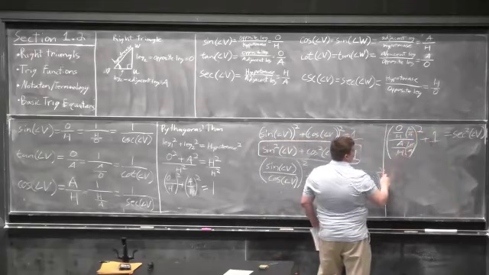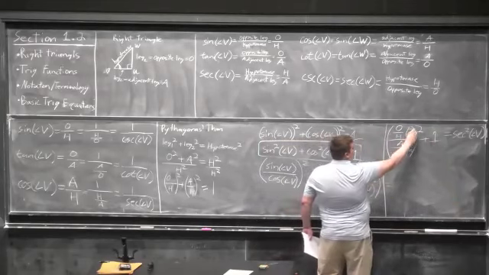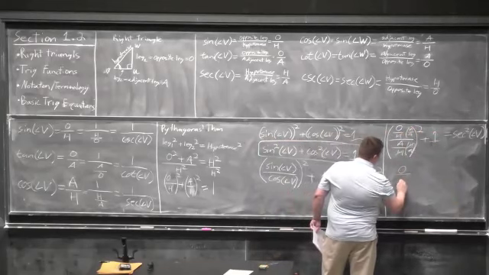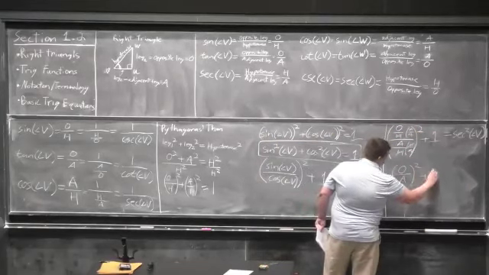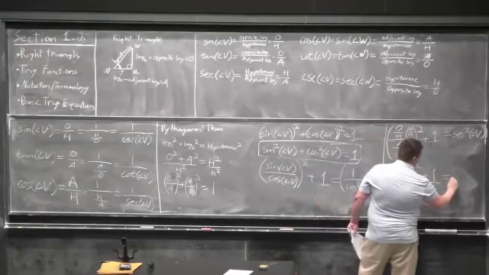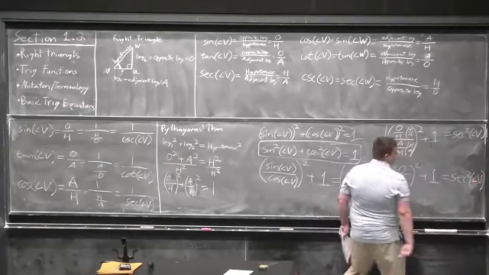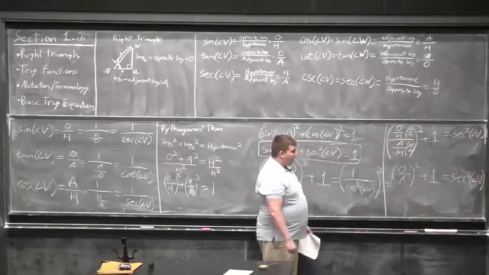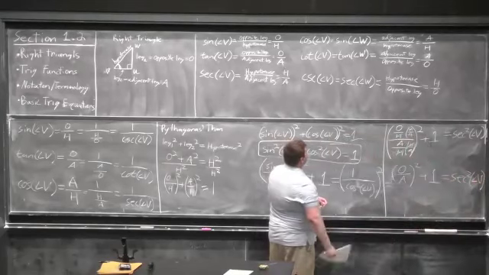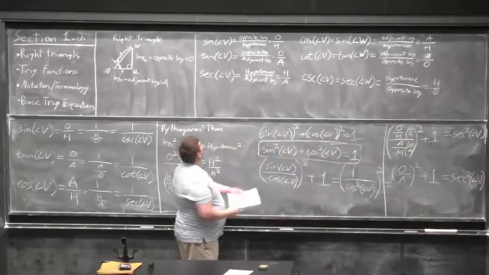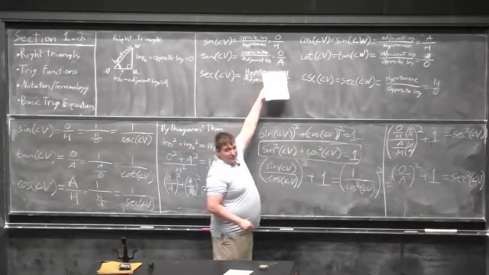Cancel, cancel. This is now 1. And the top, we have the h's canceling, giving us O over A, quantity squared, plus 1 is equal to secant squared of angle V. Well, what is O over A? It's our opposite leg divided by our adjacent leg. That is tangent.